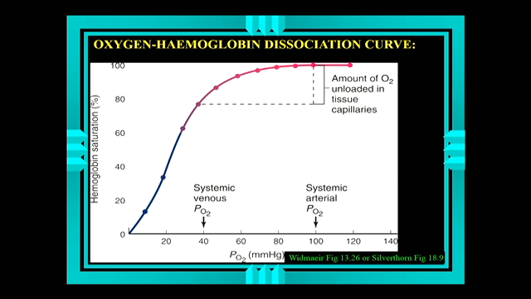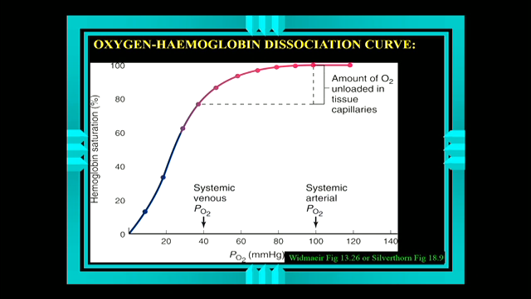Well, if we look at our haemoglobin saturation, because of the shape of the relationship, it's not linear, it's sigmoidal, shaped like an S, in fact you can drop your PO2 quite significantly and your haemoglobin will still be virtually fully saturated. And that's an adaptation.